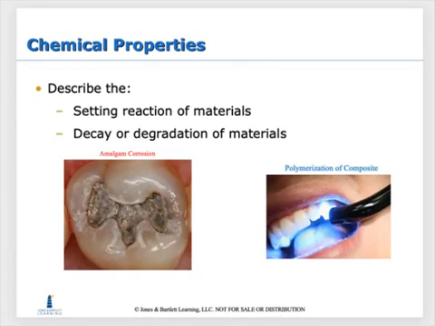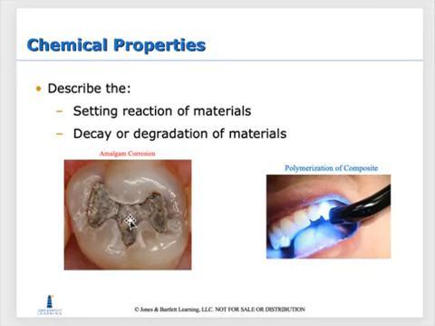And then we have our chemical properties. This is how things are changing chemically. This helps us describe the setting reaction or degradation of materials. For instance, we polymerize composites by using a curing light, which helps set them.